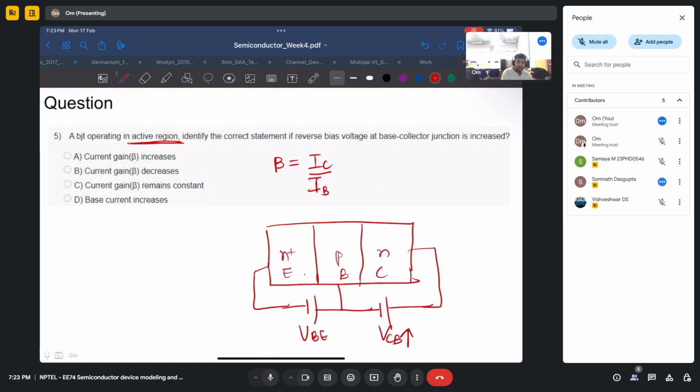RC means collector resistance. If I consider the collector resistance as some constant value, then as VCB increases, IC also increases. So beta also increases, sir.